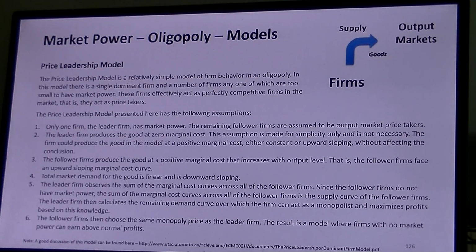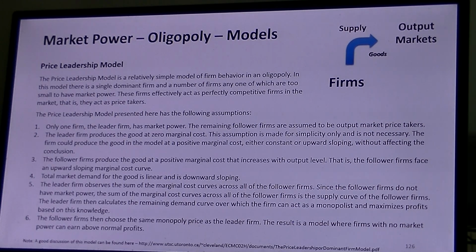The result is an outcome in the model where firms with no market power can earn above normal profits. So in that sense, the outcome looks like an oligopoly. It's not, as I said earlier, quite an oligopoly, in that the follower firms are small firms and they don't have market power.